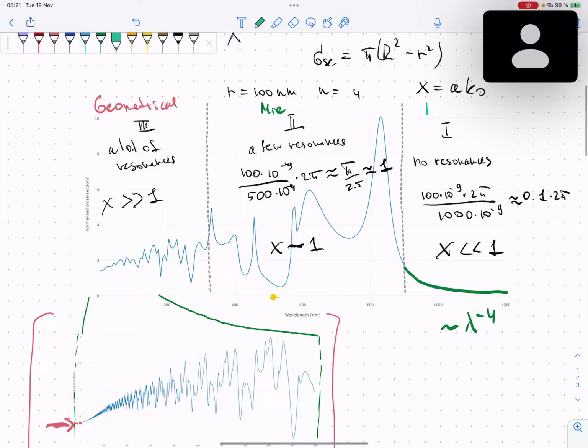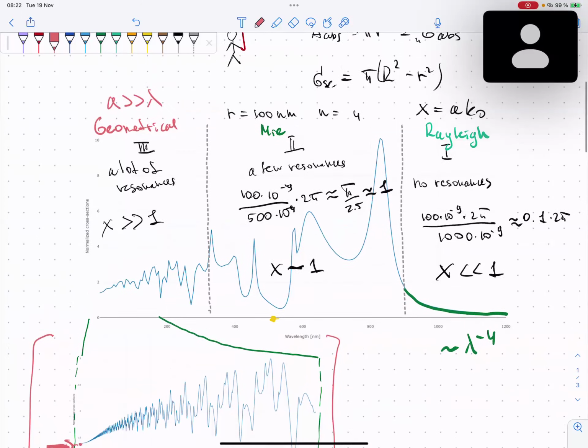And the third region is called the Rayleigh region, because Rayleigh studied it a lot. In the geometrical region, our structure is much bigger than the wavelength.